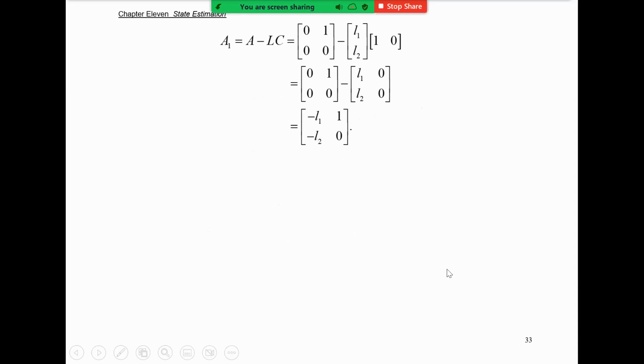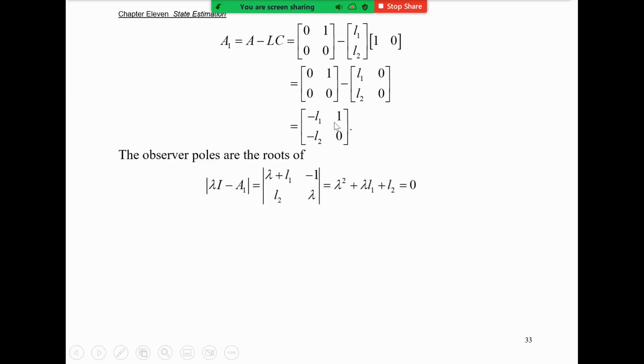How are we going to solve the pole placement? Because there is only one output, and also it is second order, we can just use direct comparison. We compute this matrix A minus LC, where this is A, this is L, this is C. You get this matrix, and then you get the characteristic polynomial of this matrix, which is the determinant of lambda I, identity matrix, minus (A minus LC).